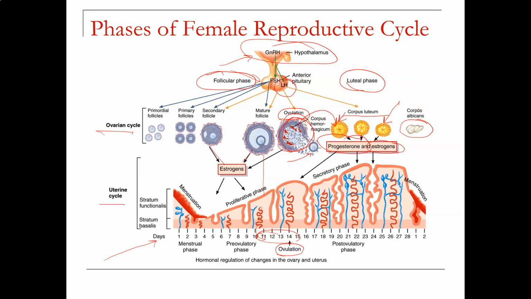We now call it the corpus albicans. Albicans means white. Corpus, body; white body. It has no function anymore. It's just what's left of the corpus luteum. Okay, so that marks the end of the ovarian cycle.